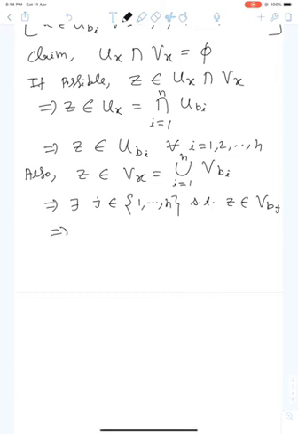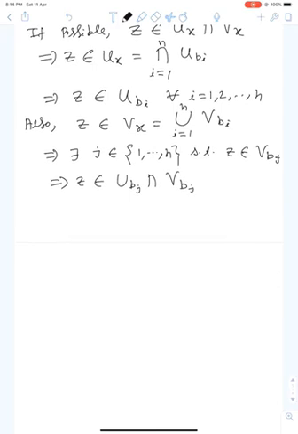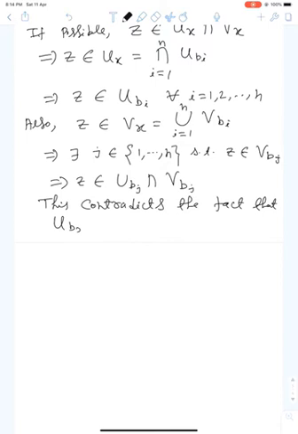Now that implies z belongs to U_Bj intersect V_Bj, and this is a contradiction. What is the contradiction? That U_Bj intersection V_Bj should be empty, their intersection should be empty, right?